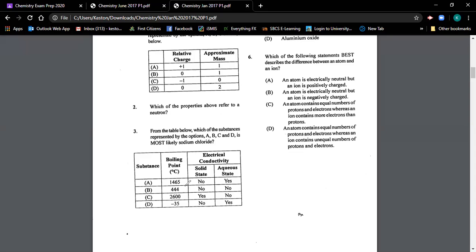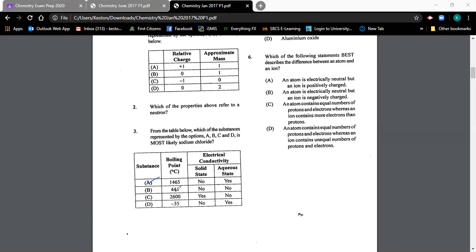And anybody else? This one, okay. You guys there with me, or are you sleeping? So A would be correct for this one. You're looking for something with a high boiling point. It doesn't conduct electricity in its solid state. We know this. Yes, that's good. And it does conduct in the aqueous state. So that's correct. Right.